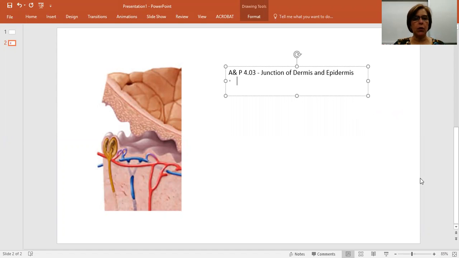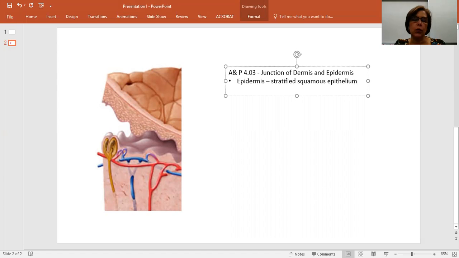So what we're going to talk about on this video is the junction between the epidermis and the dermis, because we've got some special things going on here. So up here I have the epidermis, so the top layer is the epidermis. And just to review, that is made of stratified squamous epithelium.